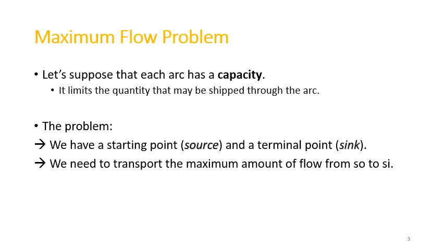Notice that it's very different from the shortest path problem, where we want to go from one point to another with the shortest distance possible. Here we want to maximize the flow that we can push through the network from the source to the sink.